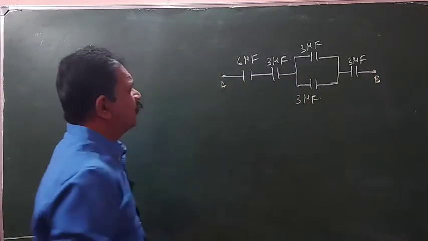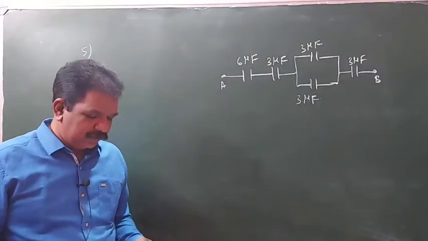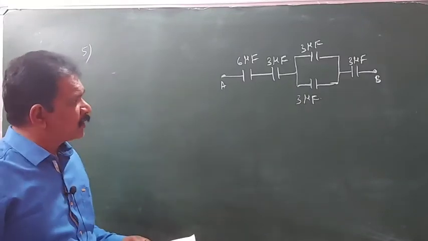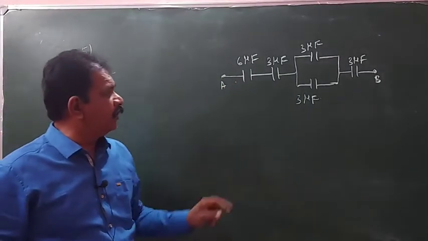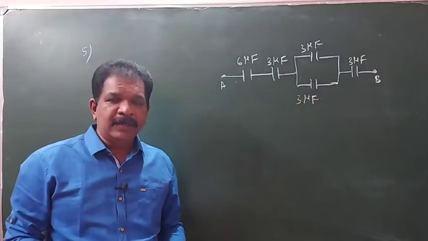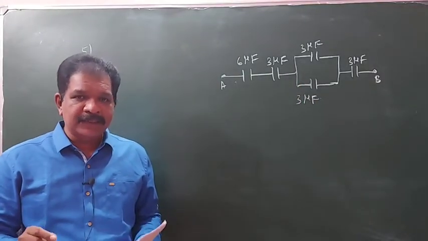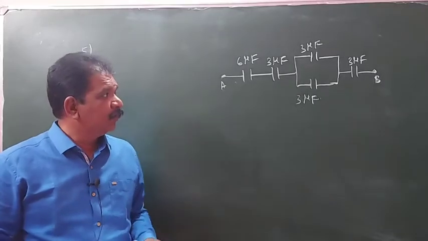Now what they are asking, what is the PD across the 6 microfarad? If the PD across AB will be 60 volt, that is the question.